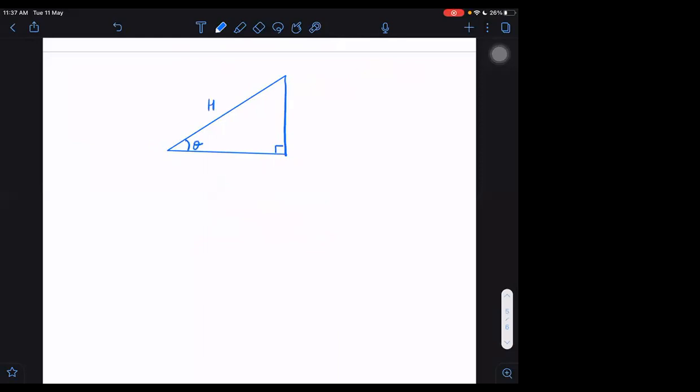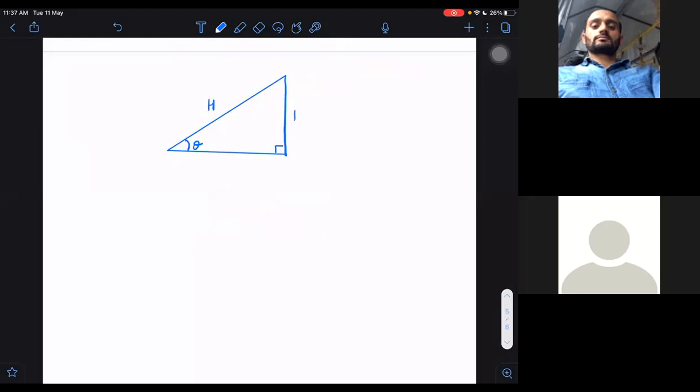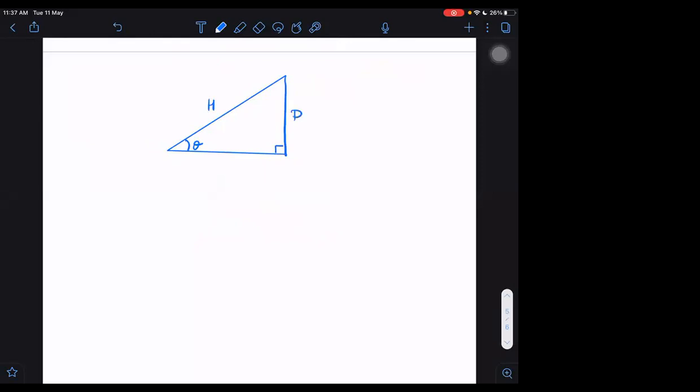Hypotenuse is H. The opposite side is called the perpendicular, and the adjacent side is called the base.